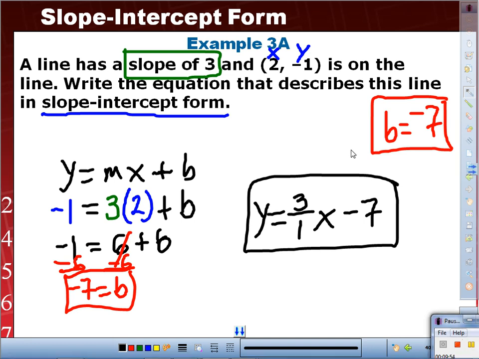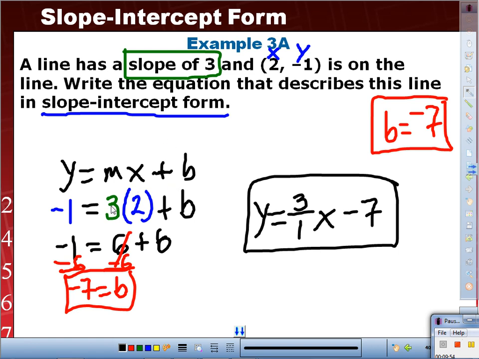Just to reiterate the steps. So, according to the information given, they give me the slope. They gave me the information that they needed a slope-intercept form equation, and they gave me a point. So, with that said, what was familiar? The slope and slope-intercept form. So automatically I wrote y equals mx plus b.